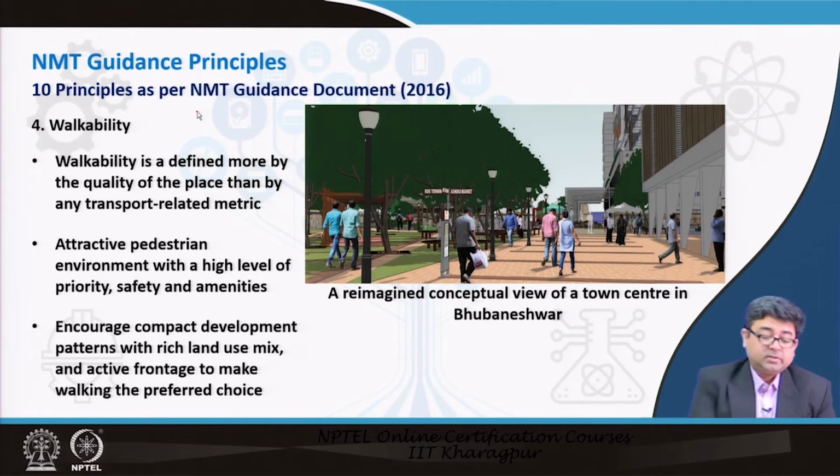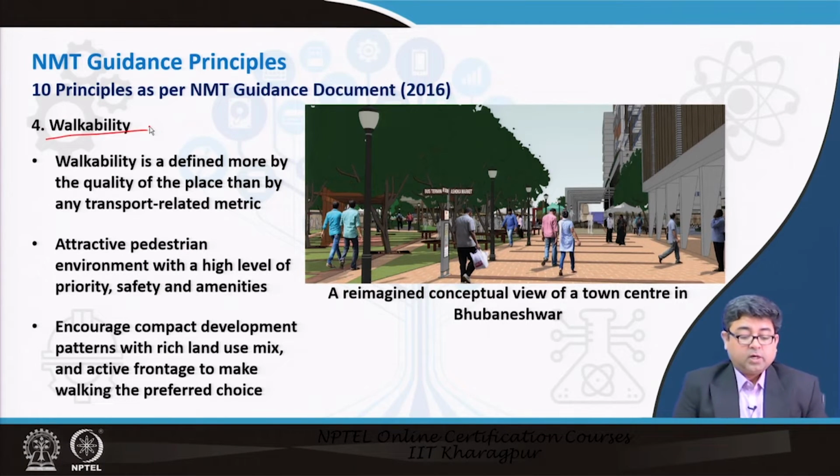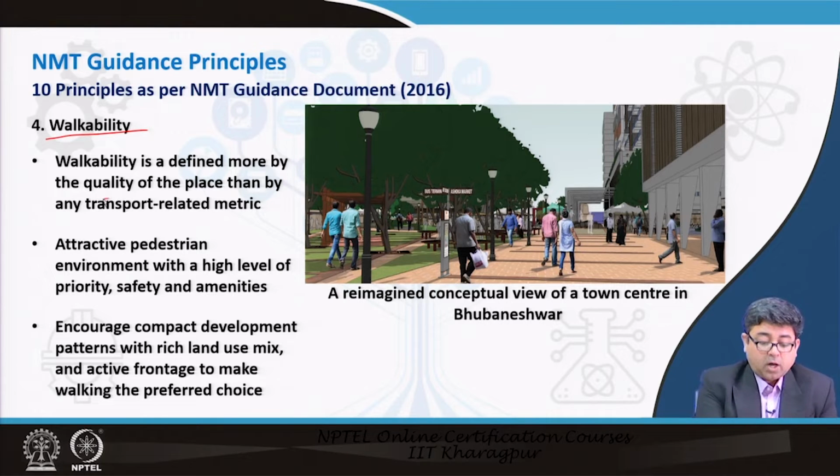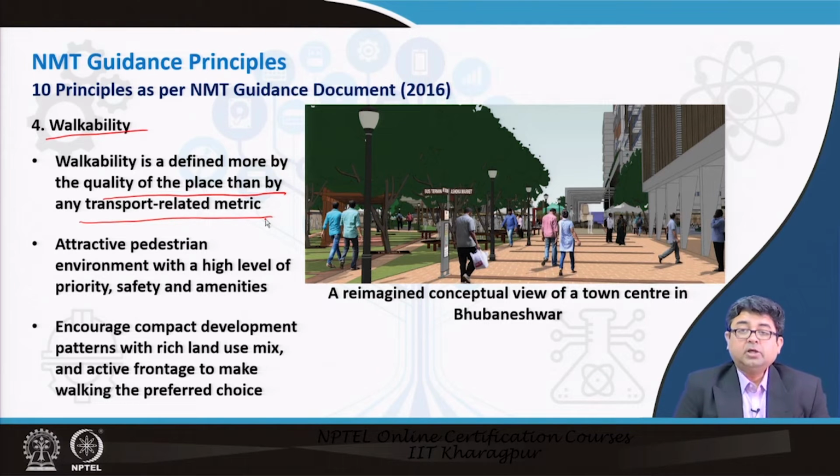The fourth principle is walkability, right. Walkability is defined more by the quality of the place than by any transport related metric. Although we use the phrase pedestrian transport, when we are talking about people walking or the walkability of a space, we are looking at more than just the transportation aspect.